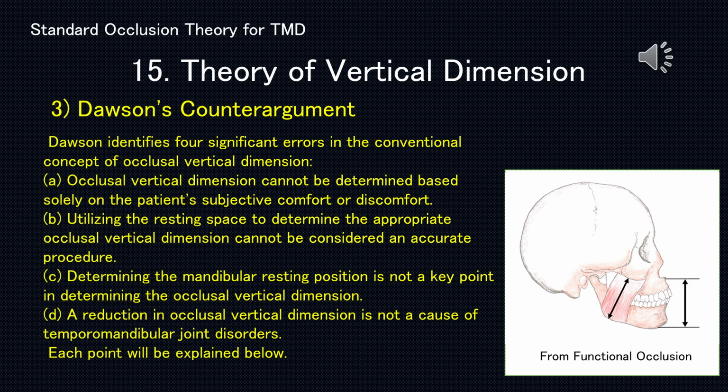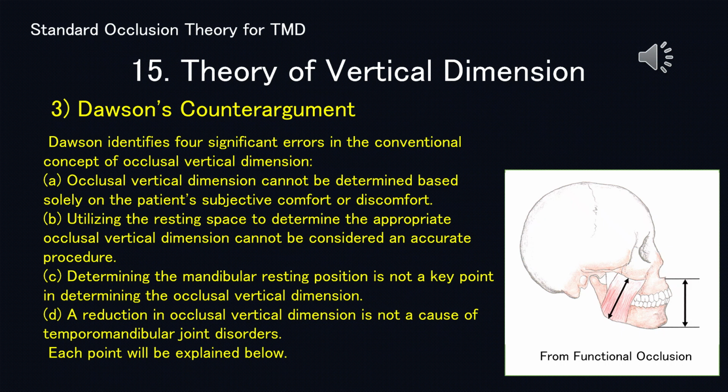3. Dawson's counterargument. Dawson identifies 4 significant errors in the conventional concept of occlusal vertical dimension. A. Occlusal vertical dimension cannot be determined based solely on the patient's subjective comfort or discomfort.